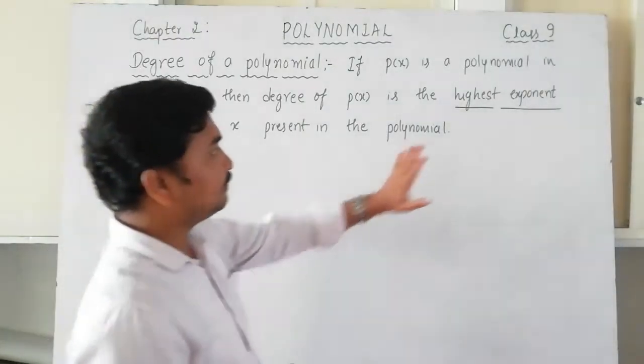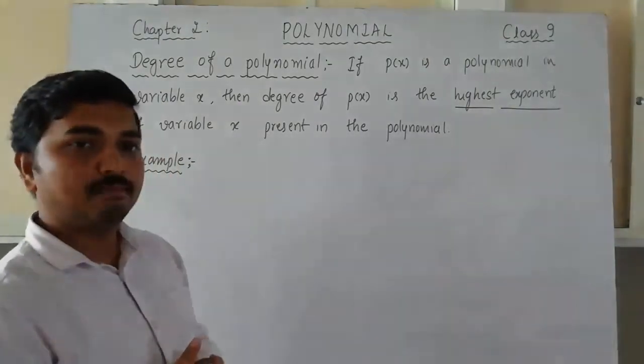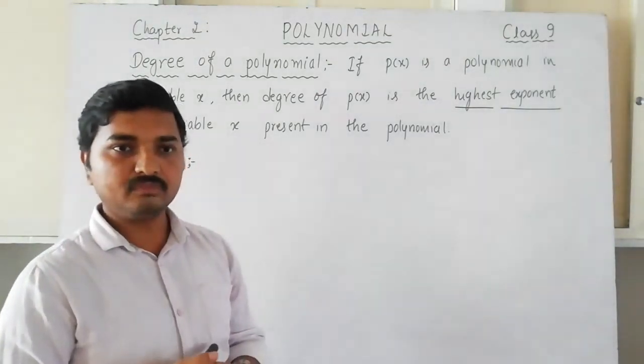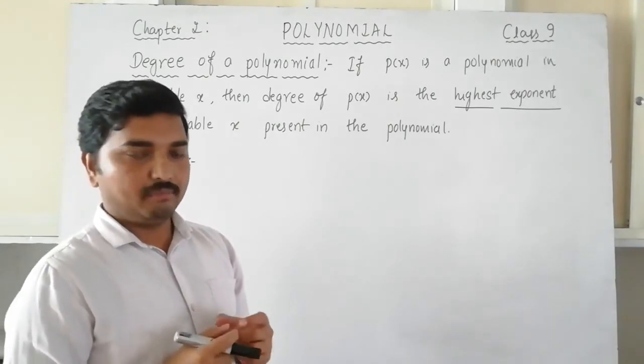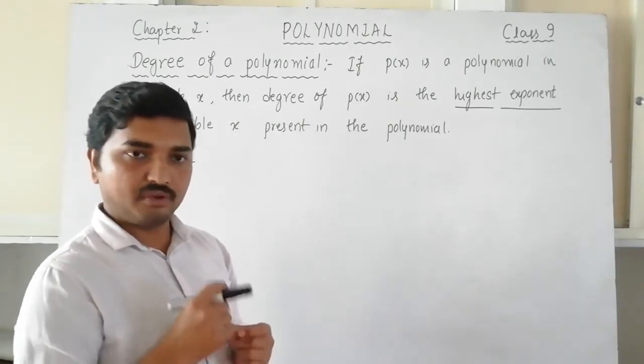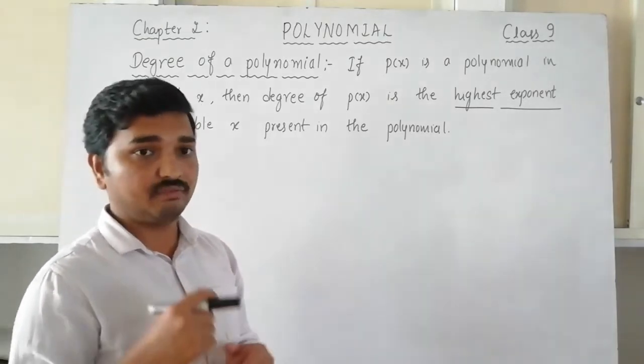Okay, now look here. In the previous class you saw examples of polynomials. In the last class I defined polynomials containing only one variable, that is x. It will be clarified later.